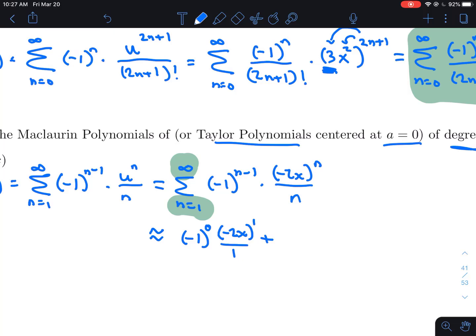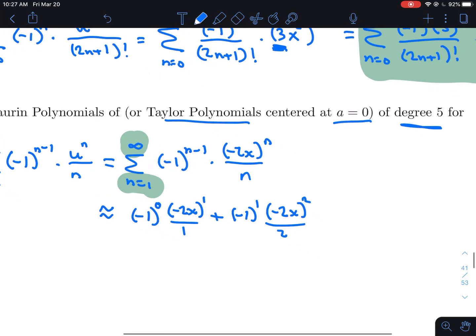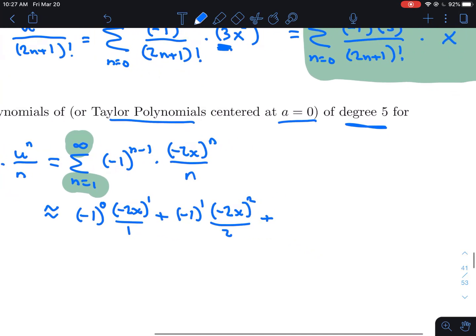So next up, let's plug in 2. So that's going to be negative 1 raised to the first power. We're going to have negative 2x. We're going to square that, and we're going to divide that by 2. Next up, 3 and 4 and 5. You kind of get the deal here. So negative 1, this is going to be squared now. Negative 2x being cubed divided by 3.